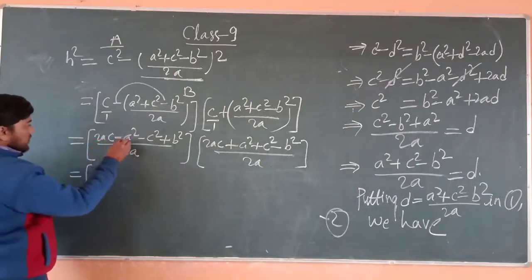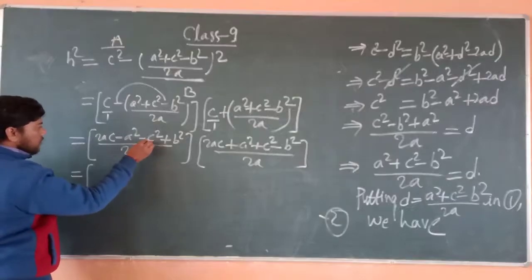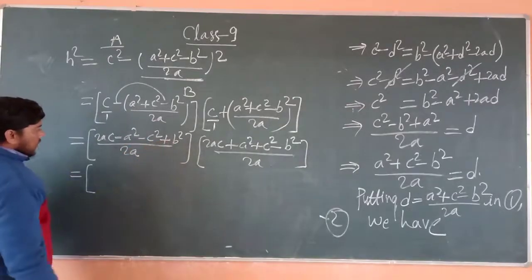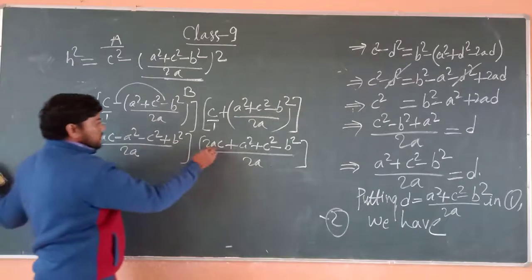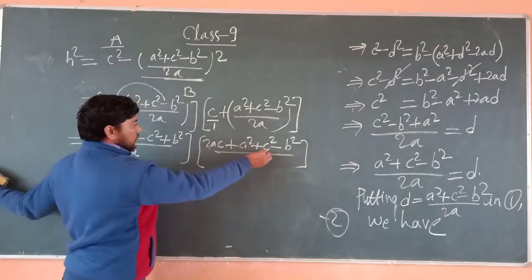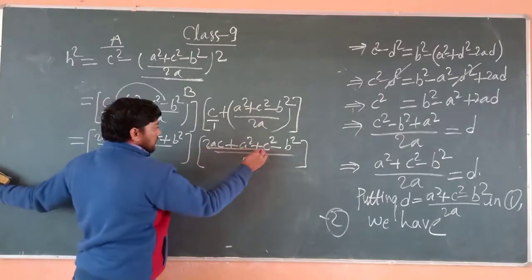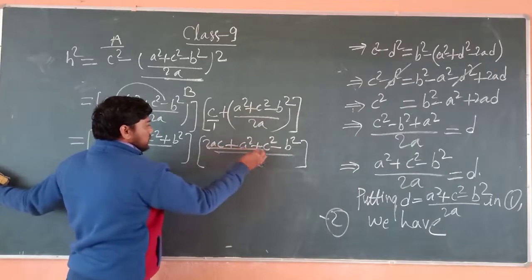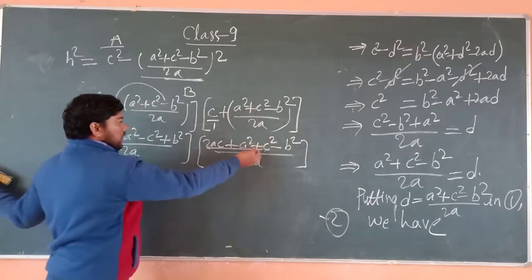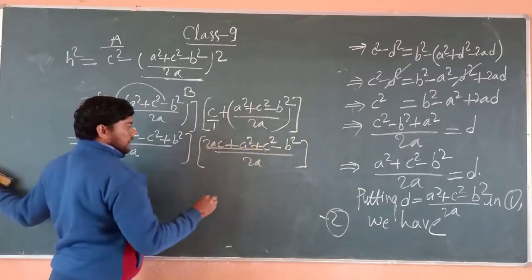See here, 2AC plus A square plus C square, it is A plus C to the whole square.